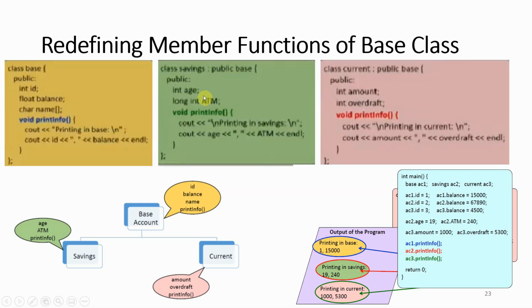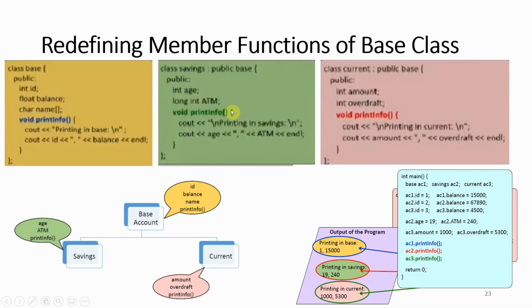This one is derived from class base. It has 2 additional members, but we have redefined the print info function in the class savings. So you can redefine a member function in the derived classes.